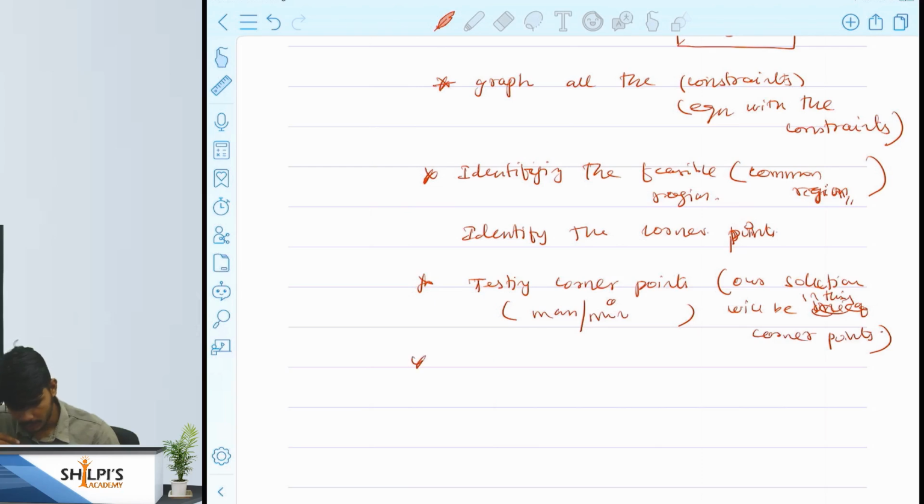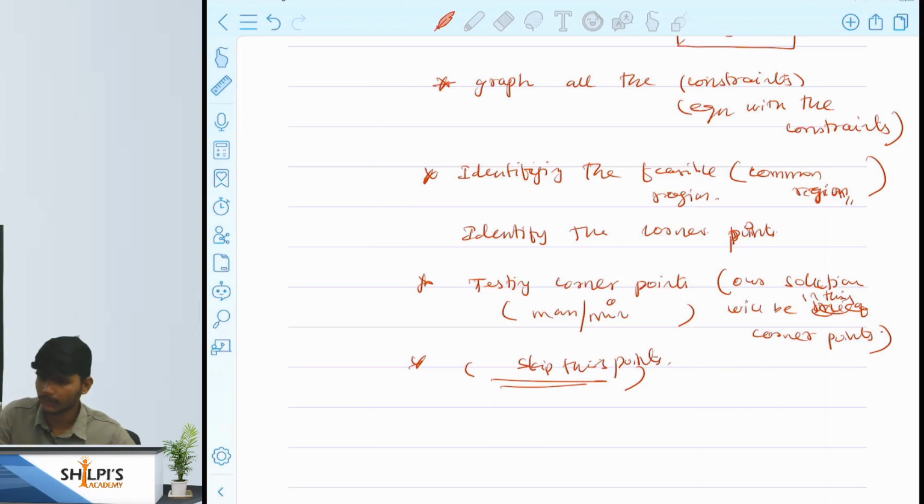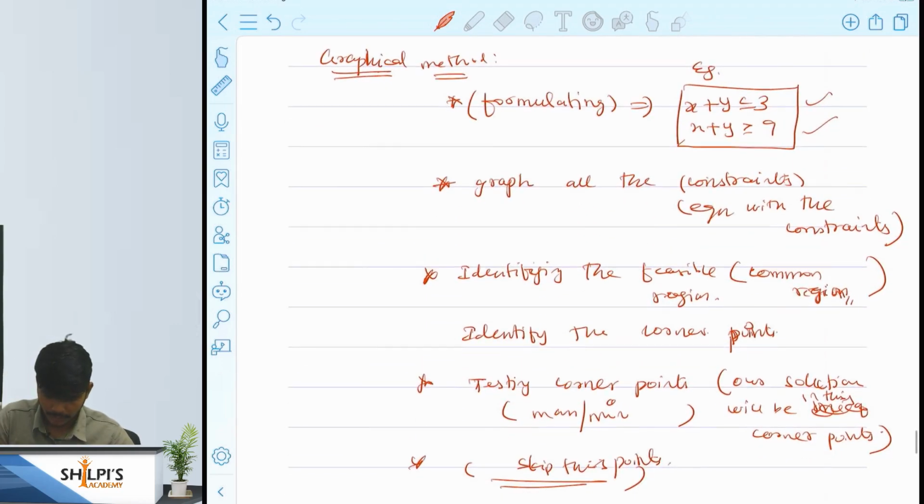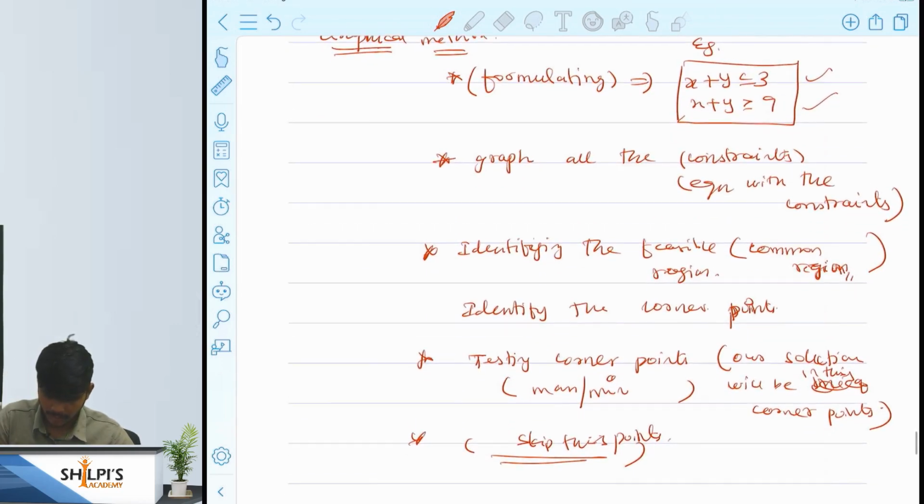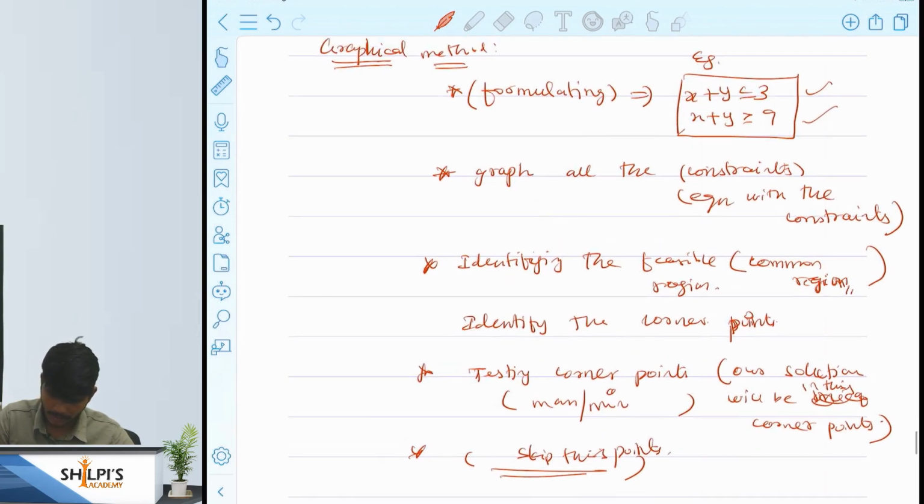As of now, skip this fifth point, and I will explain with an example. So if I ask you the steps for the graphical method, as of now you should tell the 4 common points: formulating, graph, identifying the corner points, and testing the corner points to find an answer. That's all, simply the overview of the graphical method.